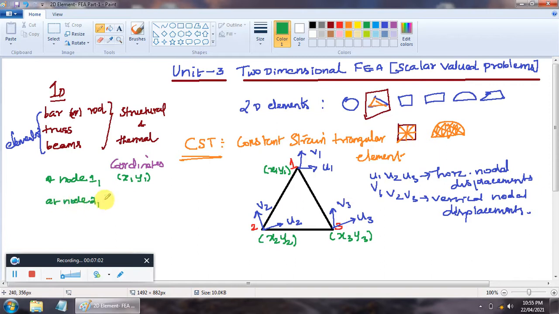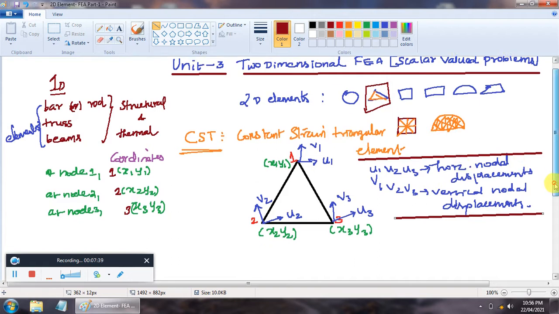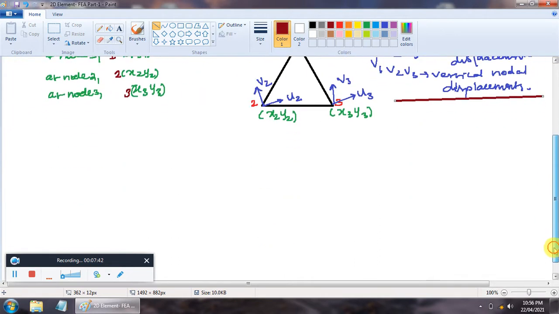And here u1, u2, u3 and v1, v2, v3 are denoting the displacements.